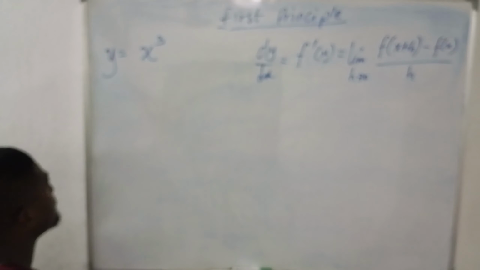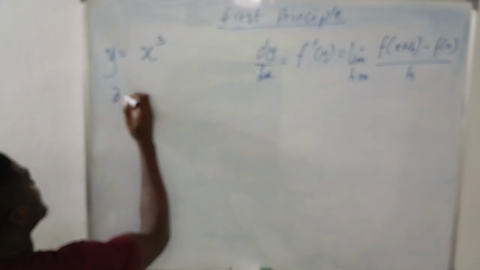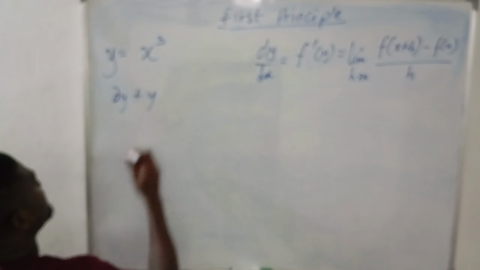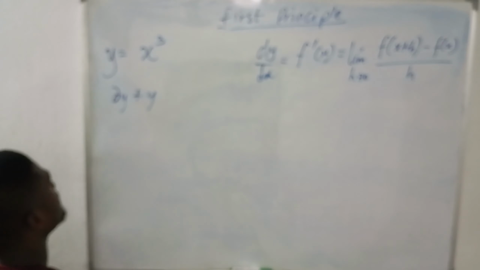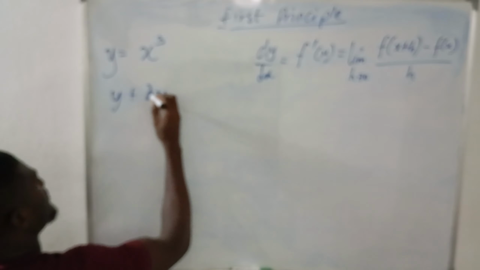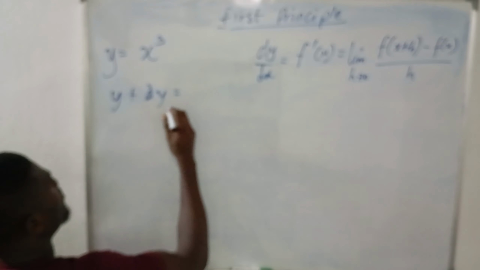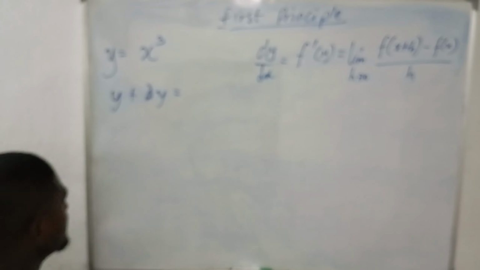So for instance, for the conventional method, you have y equals x raised to the power of 3. Now the first thing you need to do is to take the partial change of y, so you have y plus the change in y, equals, now your x here is raised to the power of 3.